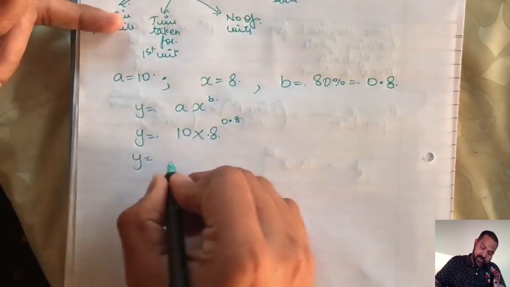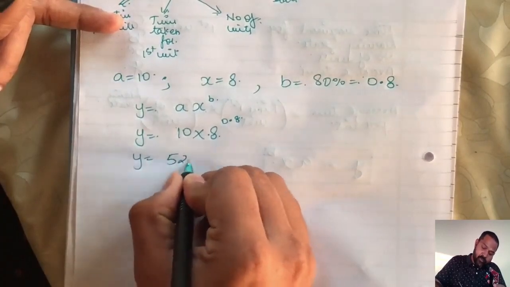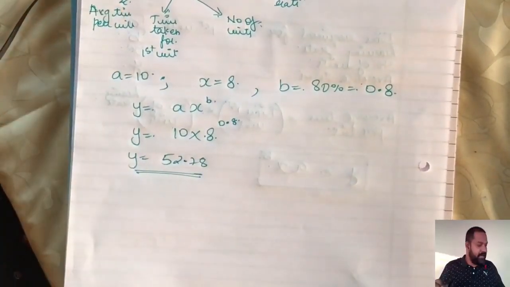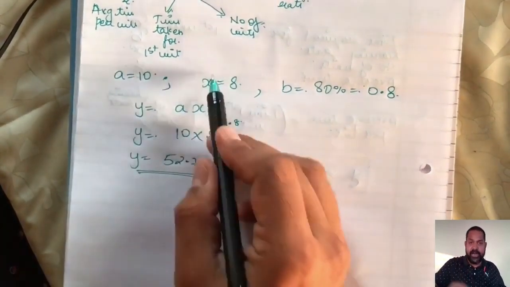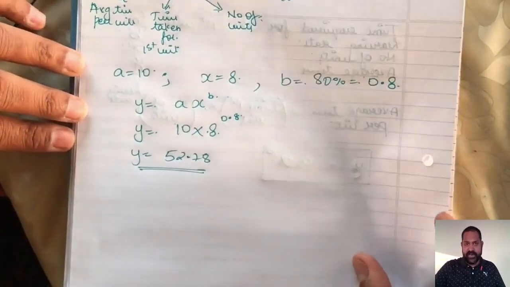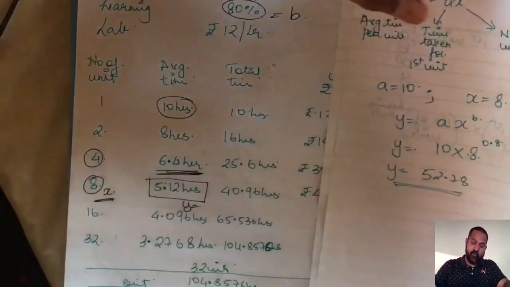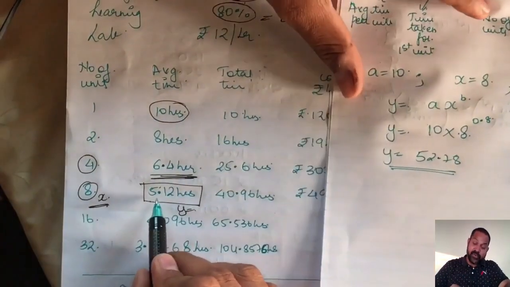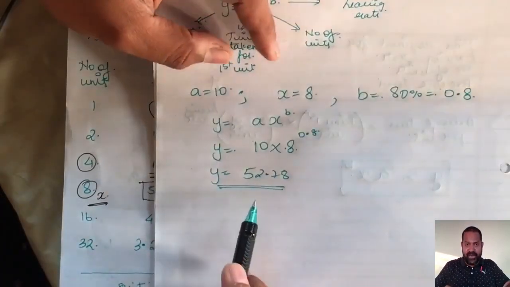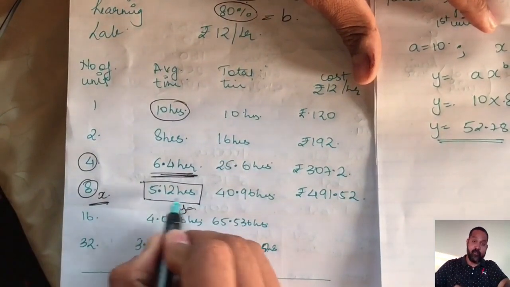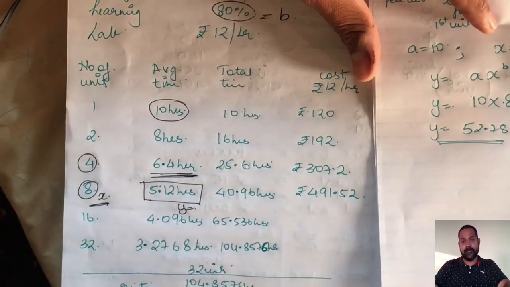Then can I say Y is equal to 52.78. What is Y? The average time taken for 8 units. Let's check if that is correct. Is the average time for 8 units actually 52.78? No, it is 5.12 hours.